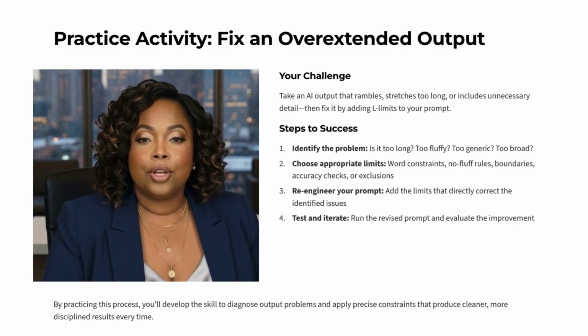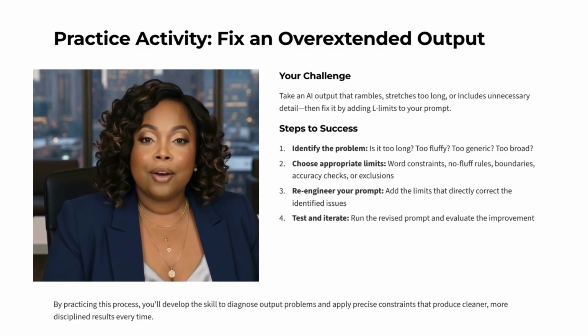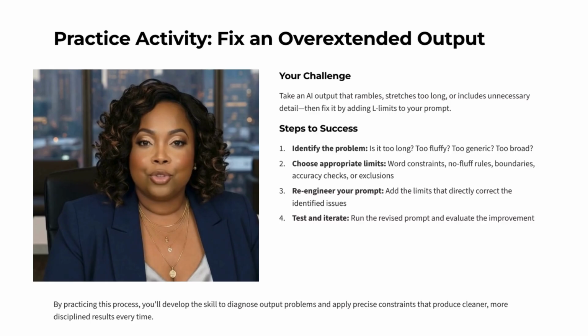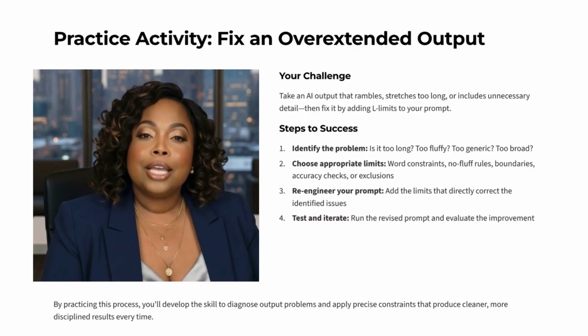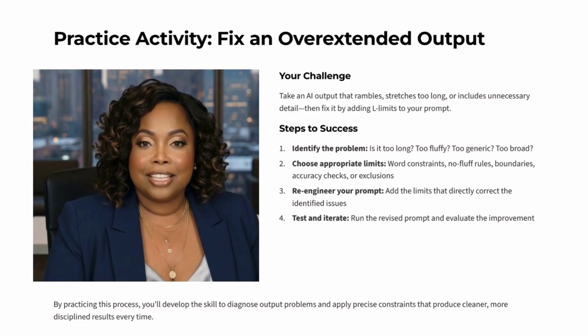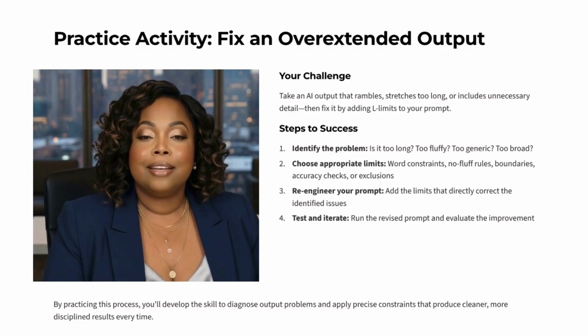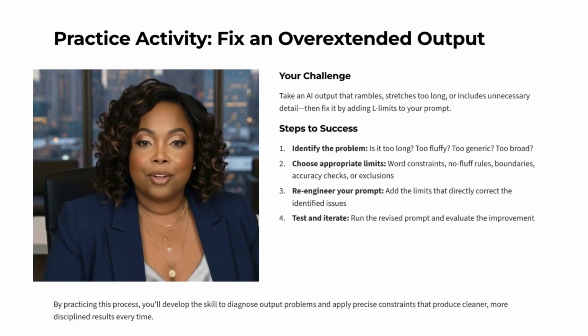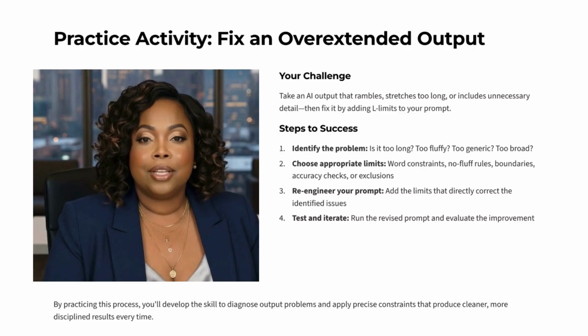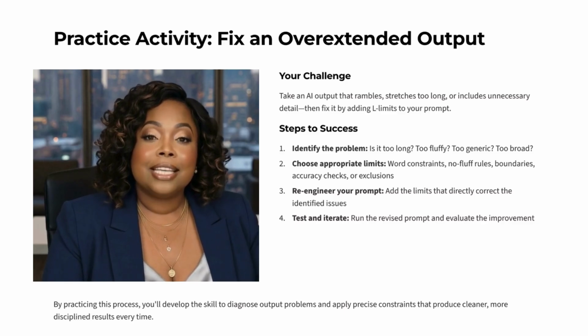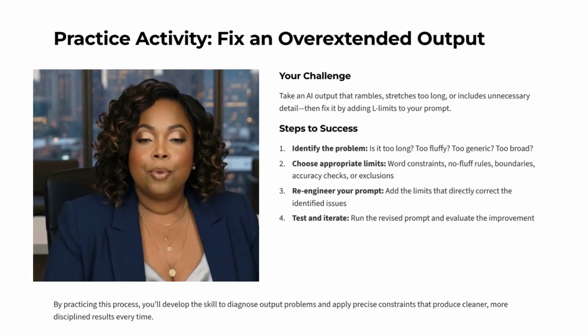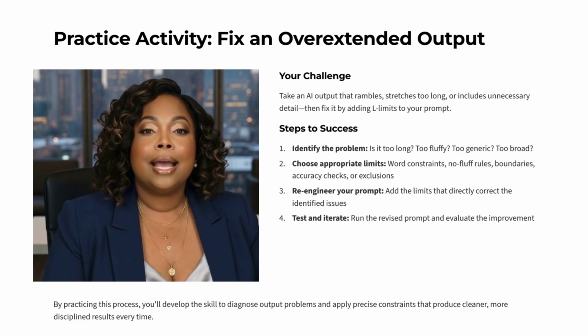You might select word constraints, no fluff rules, boundaries, accuracy checks, or exclusions. Third, re-engineer your prompt. Add the limits that directly correct the issues you identified. Fourth, test and iterate. Run the revised prompt and evaluate how the output improves. Practicing this process helps you diagnose output problems and apply precise constraints that produce cleaner, more disciplined results every time.